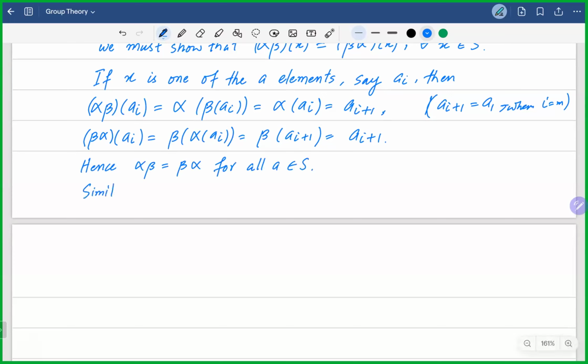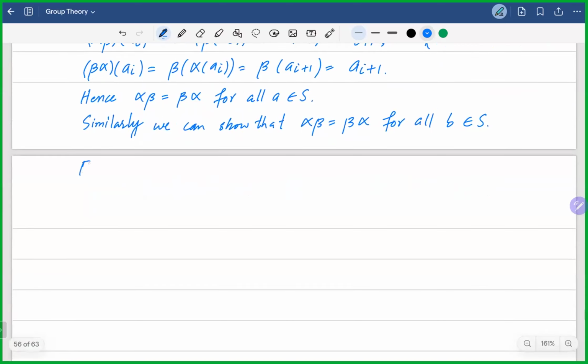Similarly, we can show that alpha beta is beta alpha for all B in S. And finally, suppose x is a C element, say Ci.